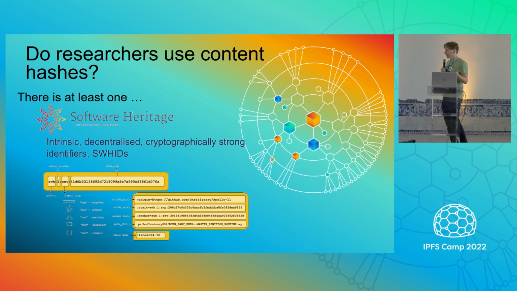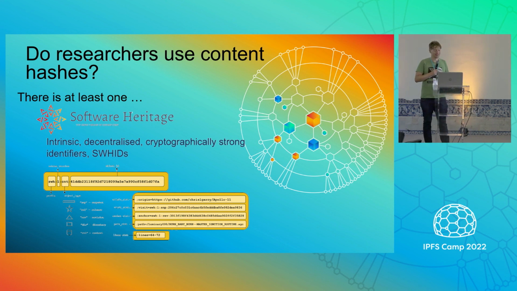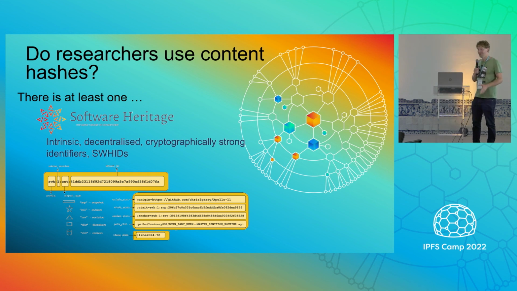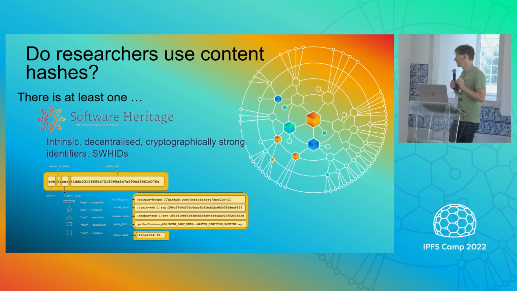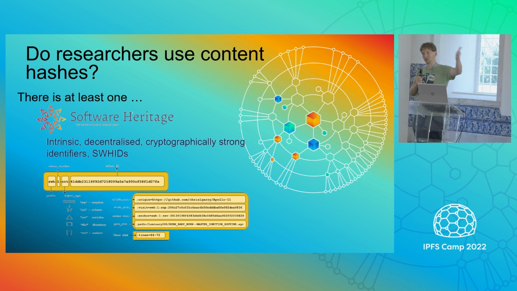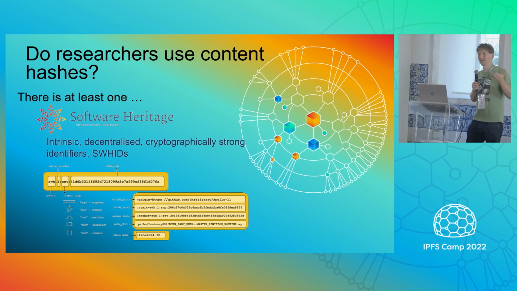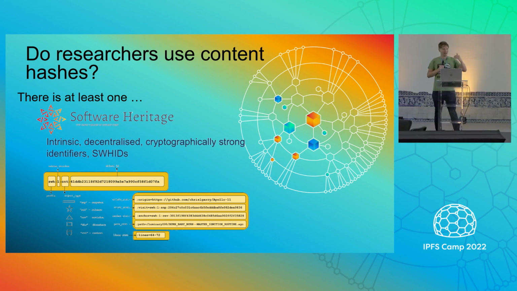And they figured out that a hash, or an intrinsic identifier, is best to address versions of research software. So they use this hash, which you get from the software source code, to directly address the research software, and so they have a long-term preservation idea and use those hashes to store the research software for the long term.